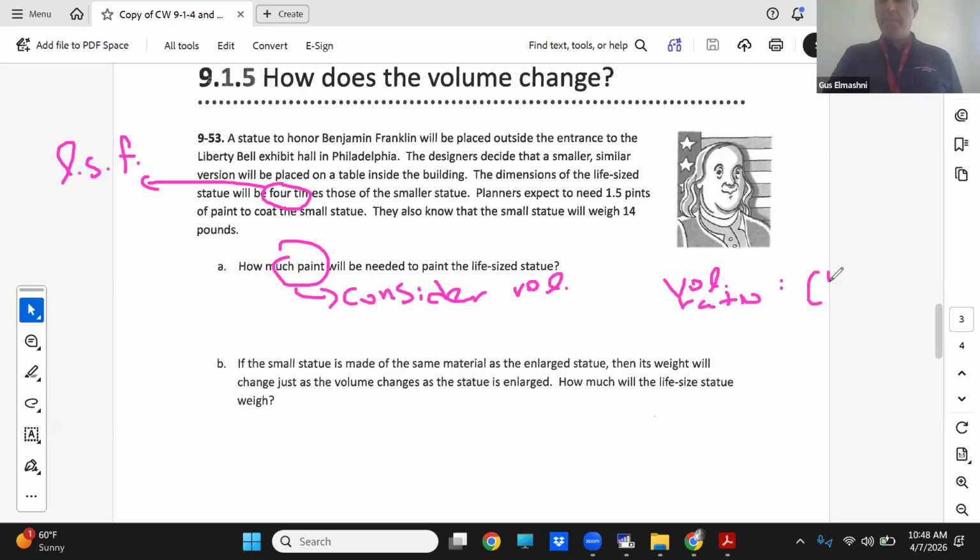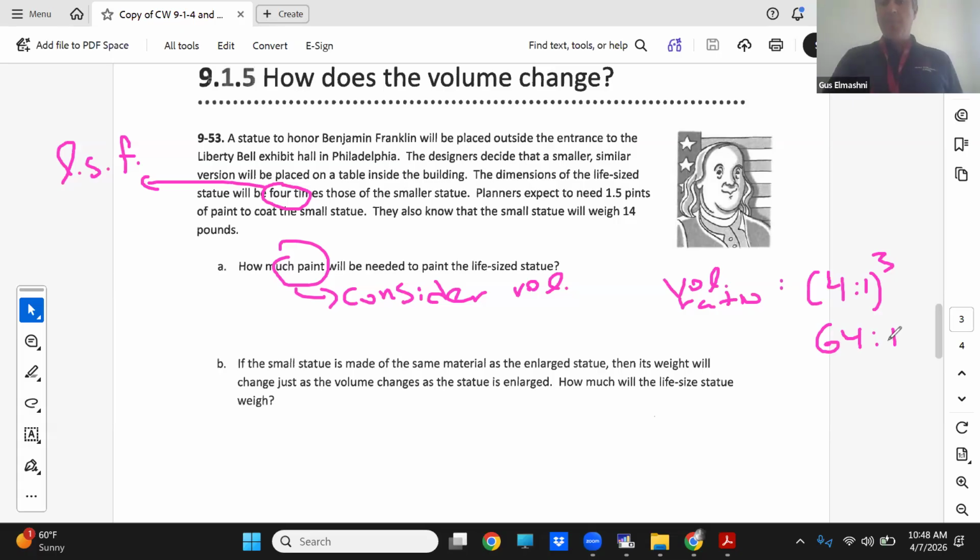How do I figure that out? I have to cube it, right? But cube it, what do I get? 64 to 1. And how many pints of paint is needed for the small statue? They tell us.